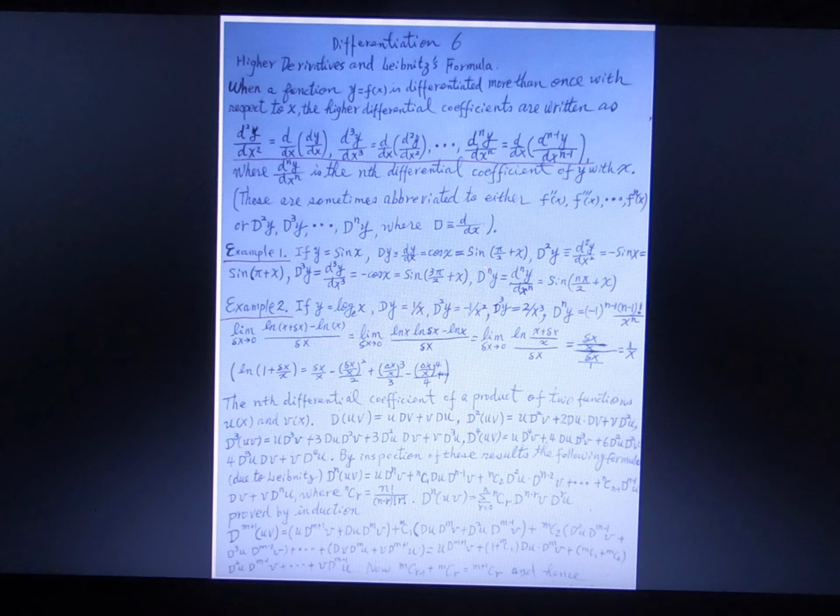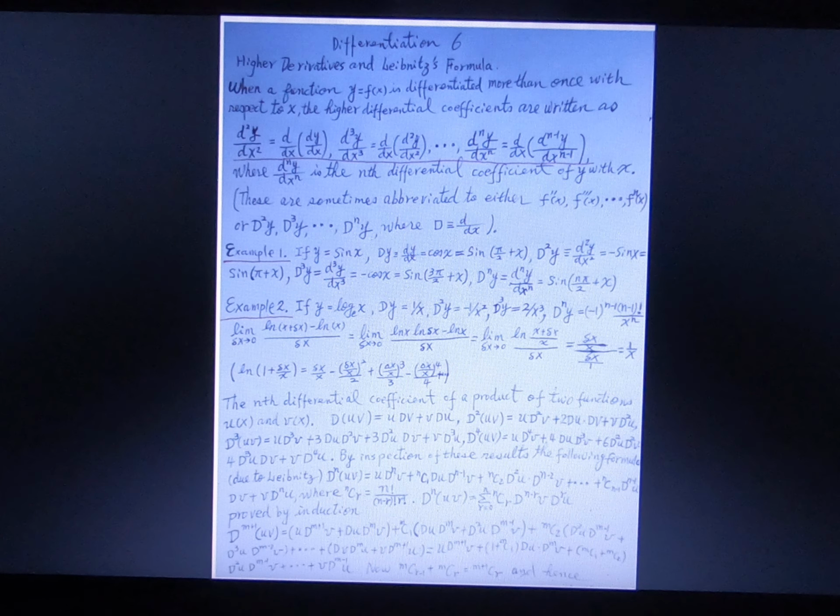You can differentiate a function many times if it is differentiable. So it can be all the way to the nth. And these are the equations for a function u times v and the differential coefficient of the function u times v.